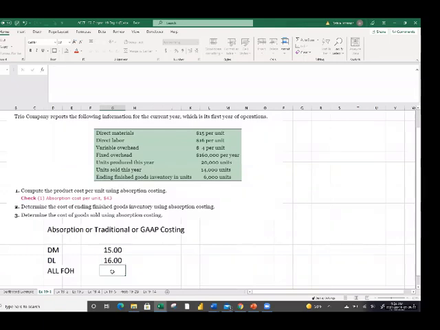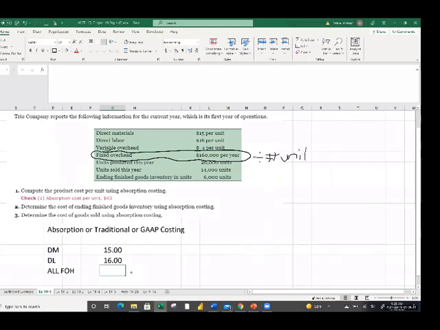And now what we need is variable and fixed overhead. Okay, now I violated my own rule, which was on all of these problems, go seek out the fixed overhead, because that is going to be what's different between these two methods. Remember, these are production costs. So when I get the production cost on a per unit basis, you want to divide by the number of units produced here.